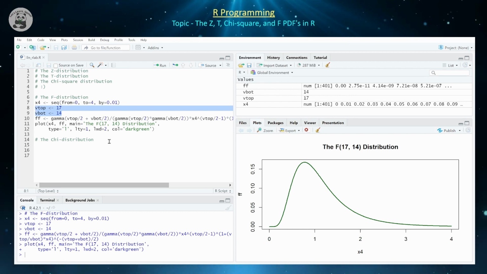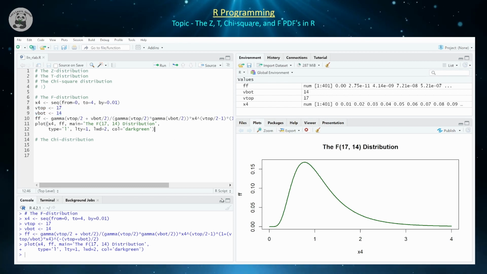So for the F distribution, you need 2 degrees of freedom and the order matters, right? Typically speaking, if you're comparing variances, the larger variance goes on top, the smaller variance goes on bottom, and those variances have their associated sample sizes, which are, say, n1 minus 1 and n2 minus 1, which gives you those degrees of freedom.